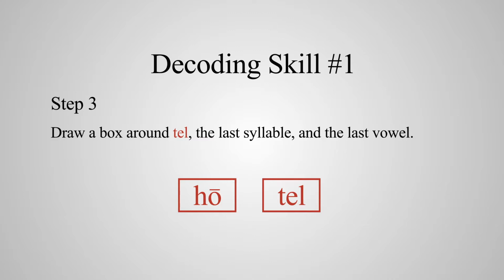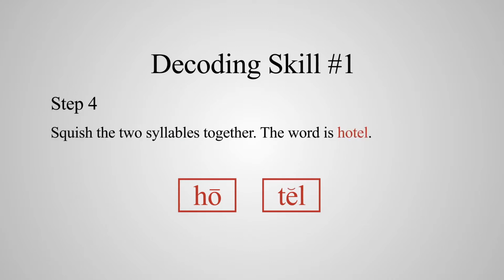And the rule tells us what? E is short. We know that sound L, and we put a T in front. And what is that syllable? Right, tell. The last step, squish them together, and you have the word hotel. Very good. The first vowel is long, and the second vowel in that word is short.